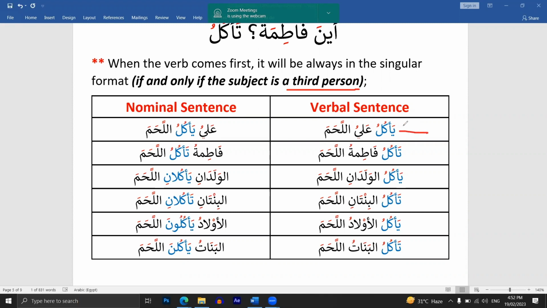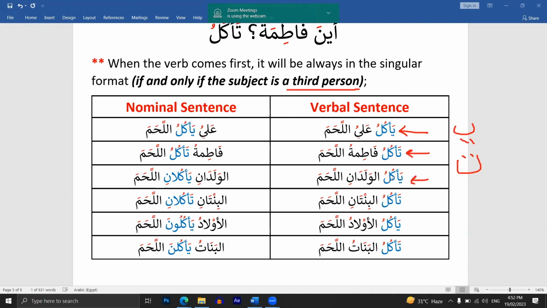So the verb, I started with the verb, it will be singular. يأكل علي اللحم. تأكل فاطمة اللحم. The only thing that changed is the prefix ya for masculine and ta for feminine.